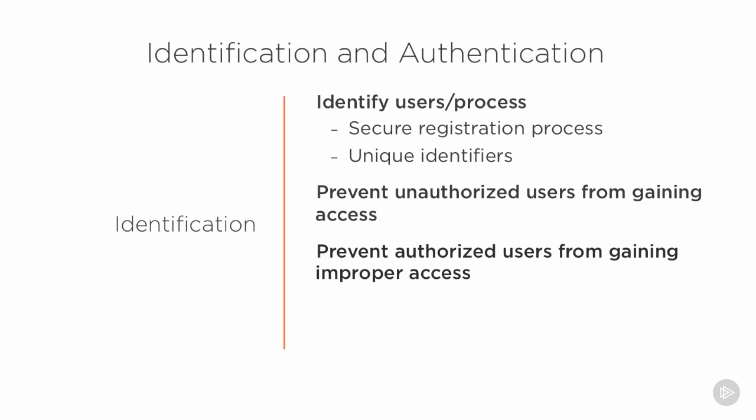This will prevent an authorized user from gaining improper access. We also enforce things like session timeout. If a session where a person is logged in has been inactive for a certain length of time, we'll often then lock that session so that it cannot be used by somebody else.